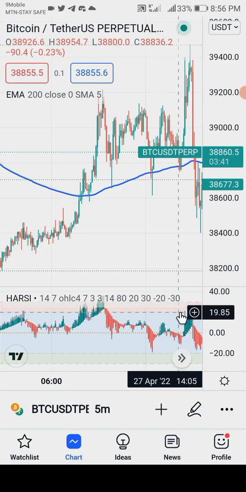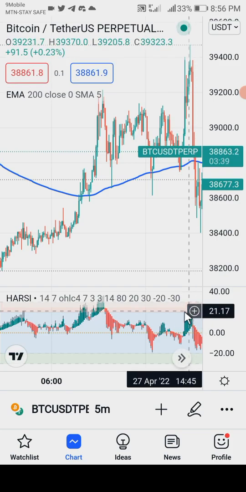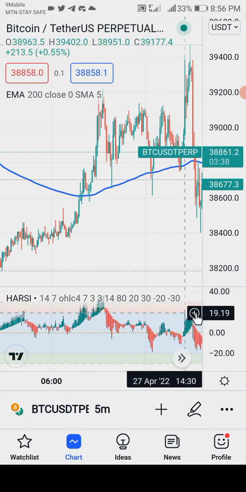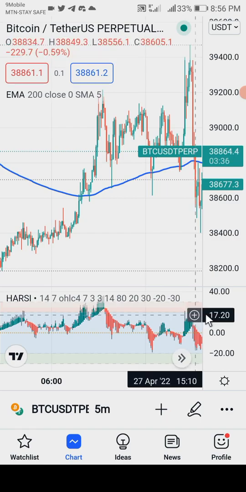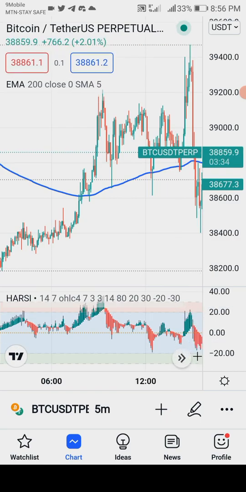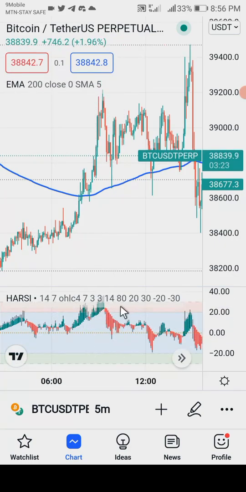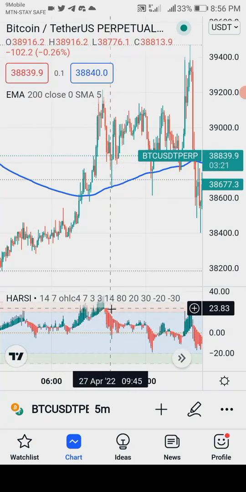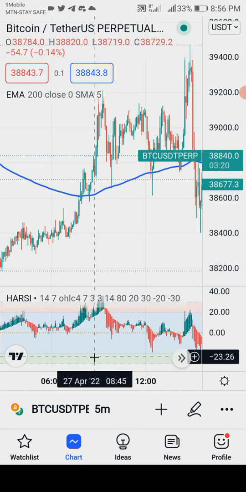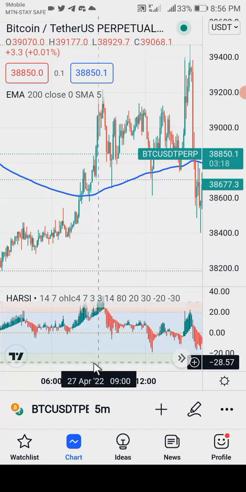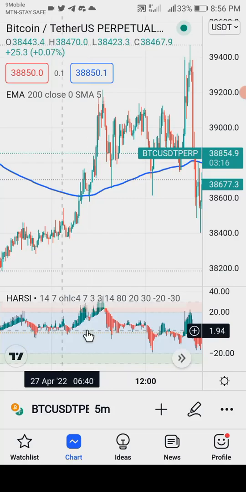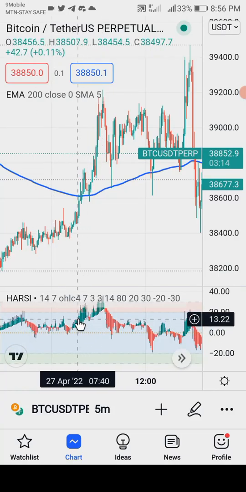Then up here there's another line before the red section. The figure for that line is 20, and the last figure is minus 20. So positive 20, minus 20, then in between is 0.00. Then at the top we have the red line, beneath it we have the green line, then in between we have the blue line. Now I will explain everything.